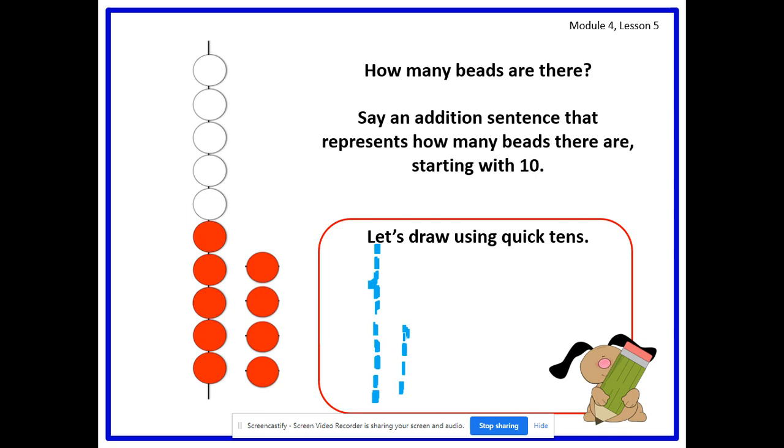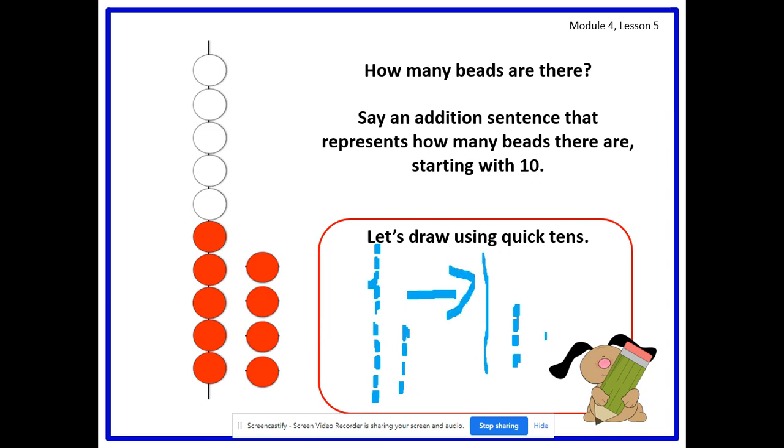Whew. Now, drawing 14 beads takes us quite a while. Let me show you a shortcut to drawing tens. So instead of drawing all these beads, we could just draw a stick to represent our tens. So 1 10 and just 4 ones. So here we have the number 14 using quick tens.